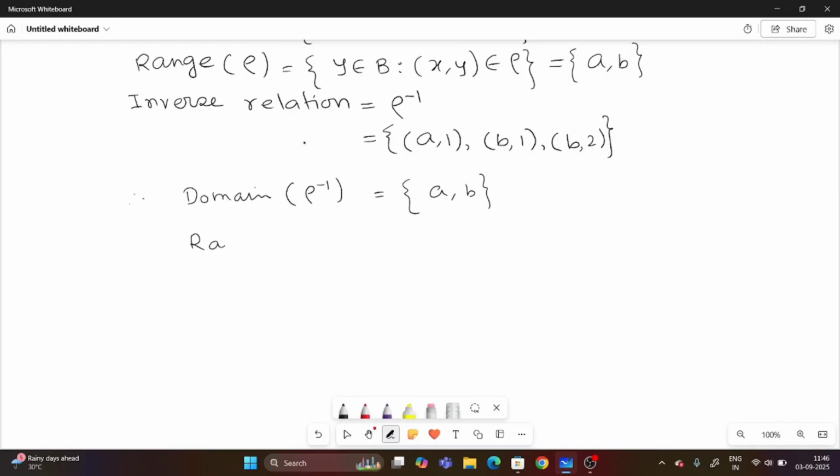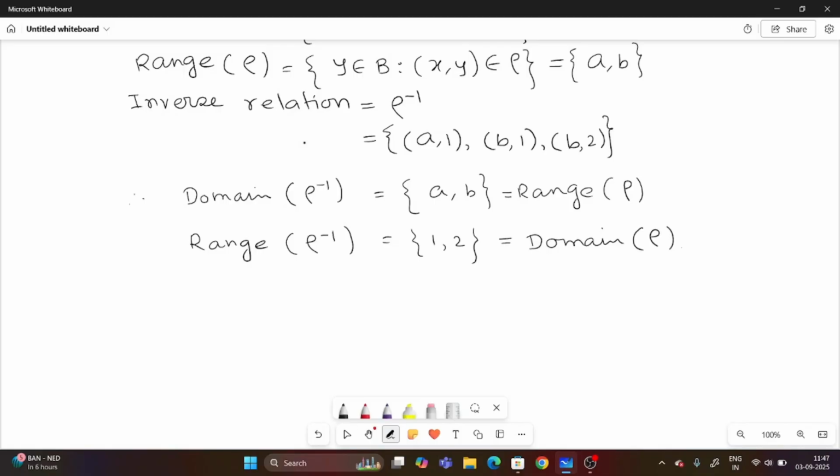What is the range of the inverse relation? The collection of all y components, which is {1, 2}. Now comparing with the above relations, we can say the domain of the inverse relation is equal to the range of the original relation. Similarly, the range of the inverse relation is equal to the domain of the original relation.